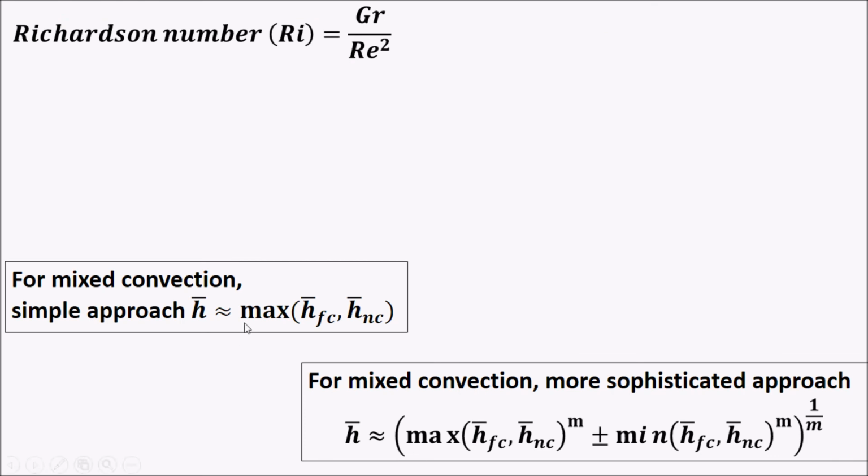And the last part will be the Richardson number, which is Grashof number divided by Reynolds number squared. It shows free versus forced, which one is important. If the Richardson number is much smaller than 1, it means that Grashof number is much smaller than Reynolds number squared, then forced CV is dominant.